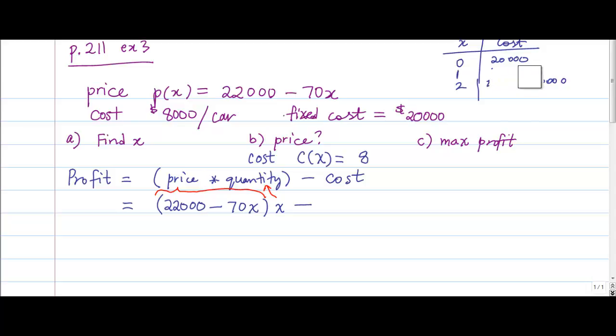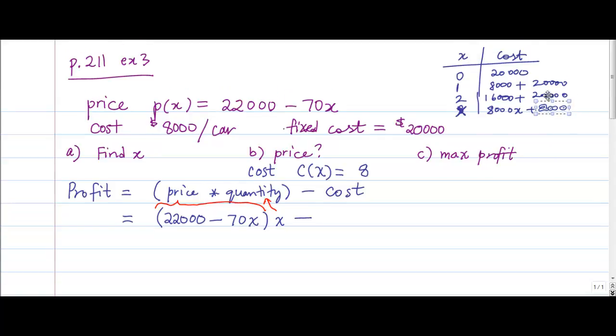And let me rewrite this one. So the first one was $8,000 plus 20,000 fixed. The second was $16,000 plus 20,000 fixed. The third was 24,000 plus $20,000 fixed. So for X, any number of cars, it's going to be $8,000 for each car, plus $20,000 fixed.